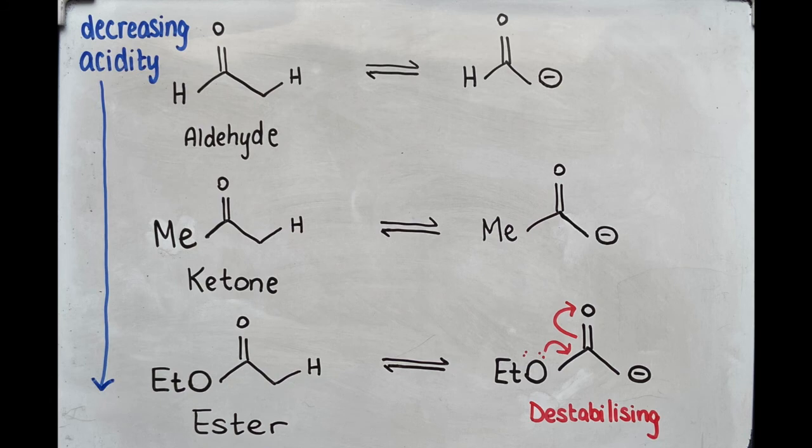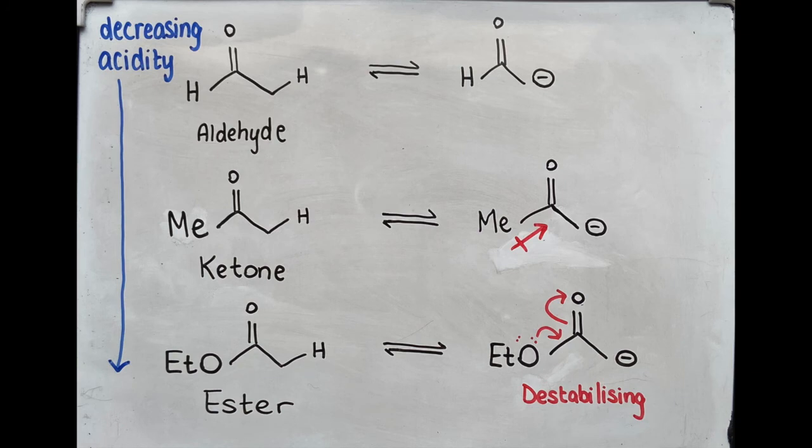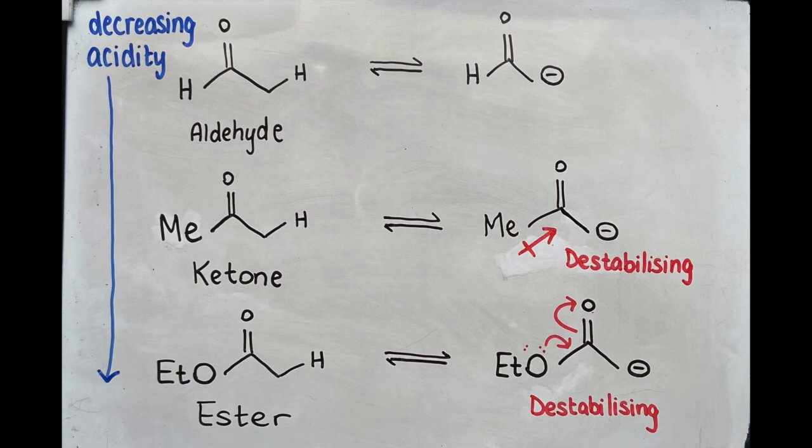The equilibrium does not favor the right-hand side as much, therefore the acid is weaker. For the ketone compound, the alkyl group is inductively electron donating. Again, this destabilizes the conjugate base, but to less of an extent. The ketone is therefore more acidic than the ester, but still less acidic than the aldehyde.